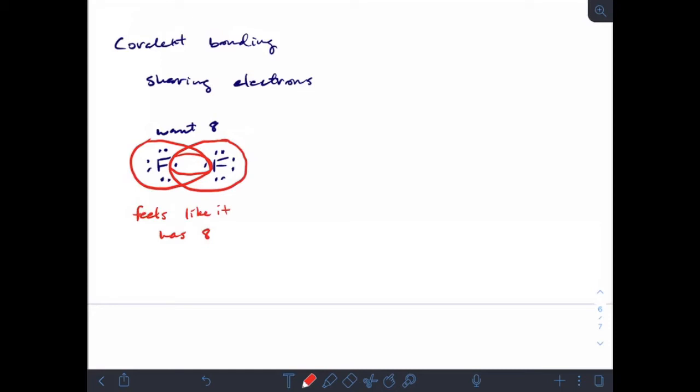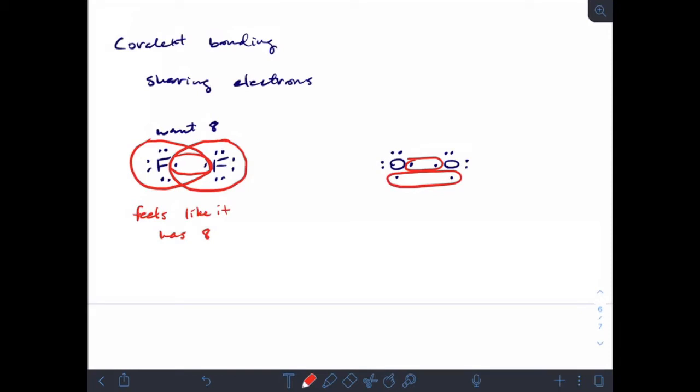So if I do a different example, let's look at a pair of oxygen atoms. Oxygen has 6 valence electrons. Again, we're going to try and get to 8, and in order to do that, each one needs access to 2 more electrons. Thankfully, they each have 2 electrons to share. So they're going to share this pair, and they're going to share this pair.